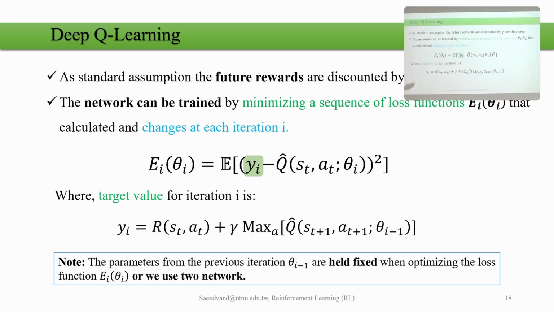Although we don't have it, we rely on the network that we have. Whatever it is, we predict it, get the maximum action, discount it, then add the reward, and then we have it as y_i as output. Then the difference with y_i to the power of 2 is the MSE. We want to optimize my network weights per each iteration that I have.